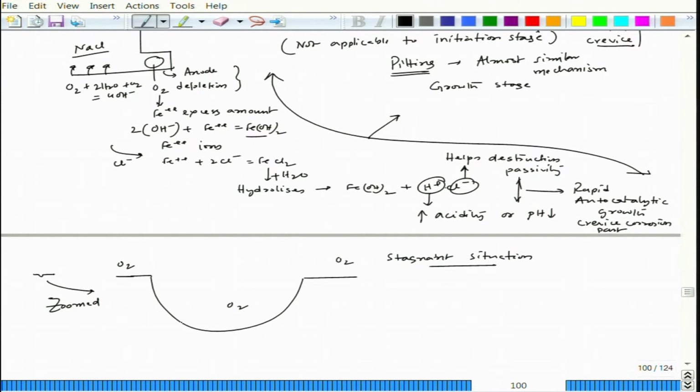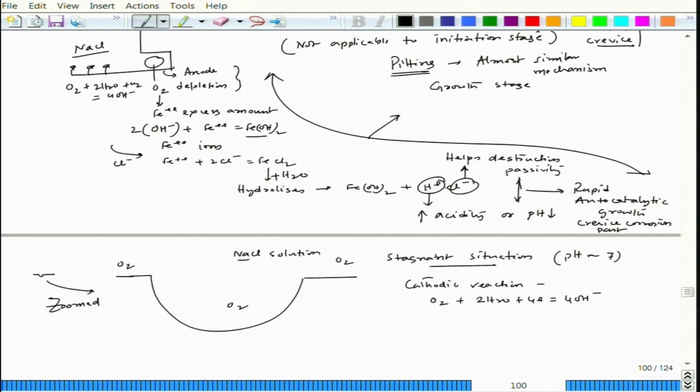Let us say this is a NaCl solution, that means aerated NaCl solution, so the pH is 7, a neutral solution. So the cathodic reaction would be O2 plus 2H2O plus 4e minus giving 4OH minus. It happens everywhere.